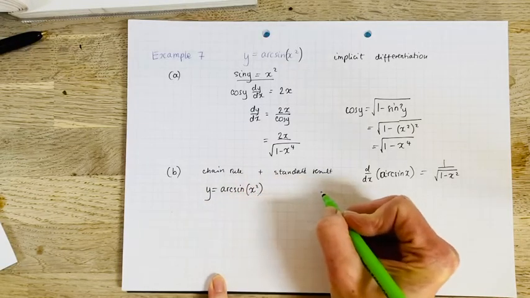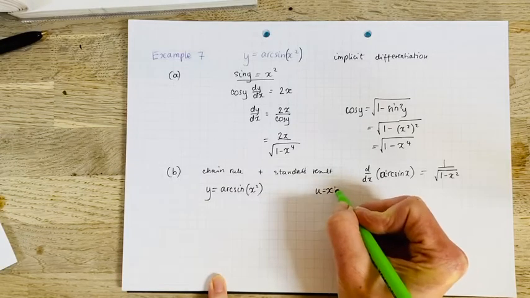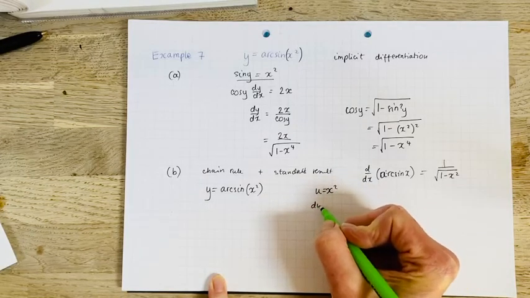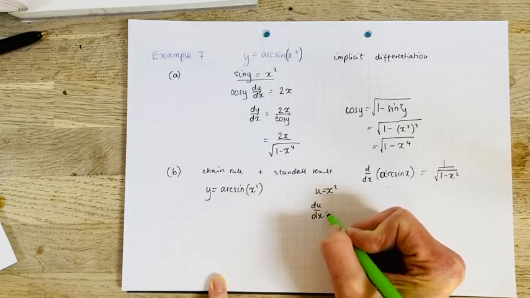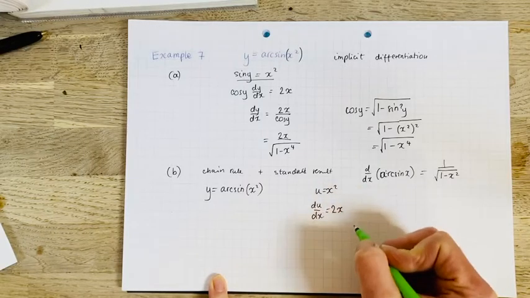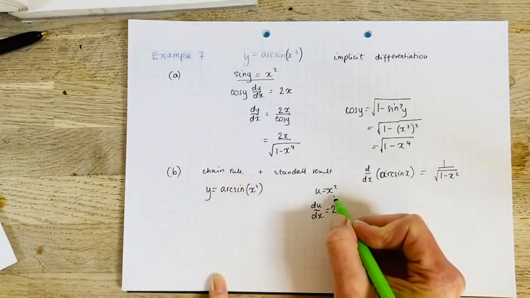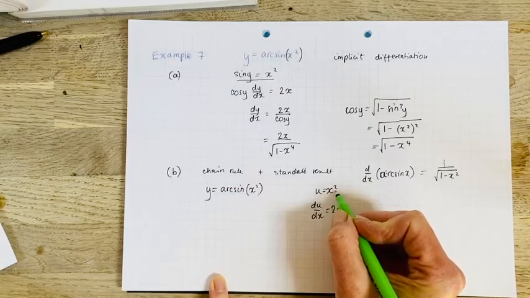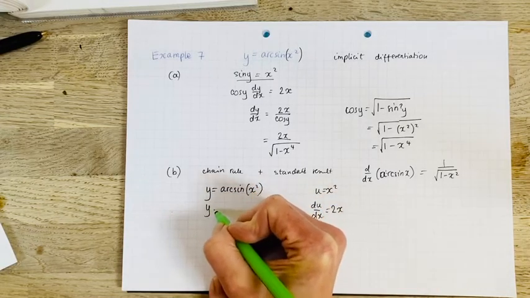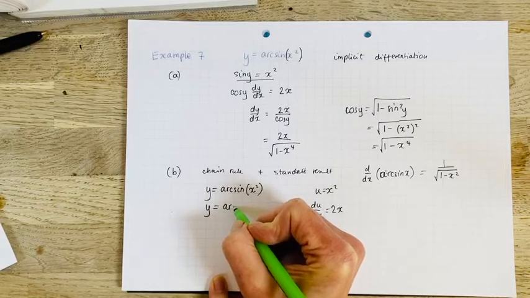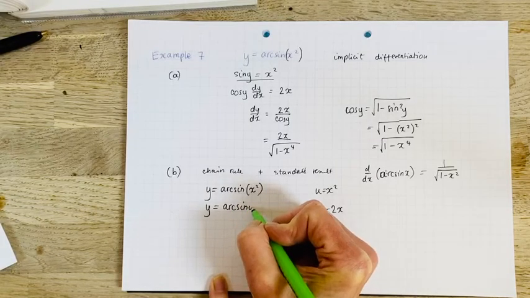I'm going to use u for my x squared, and du/dx is going to be 2x, and then if I substitute u instead of x squared, then I'm dealing with y equals arcsine u.